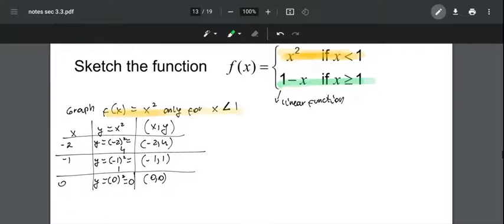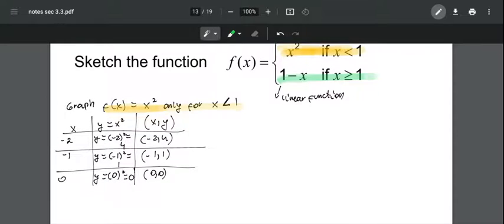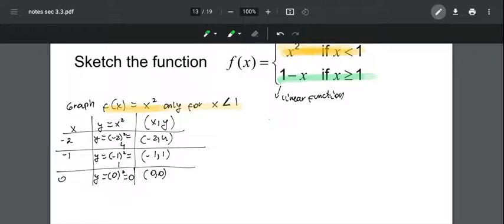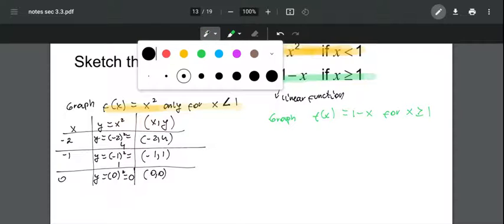I will graph that in green. So then we're going to graph f of x equal 1 minus x, and we're only going to graph it for x greater than or equal to 1. So let's create the table of values.